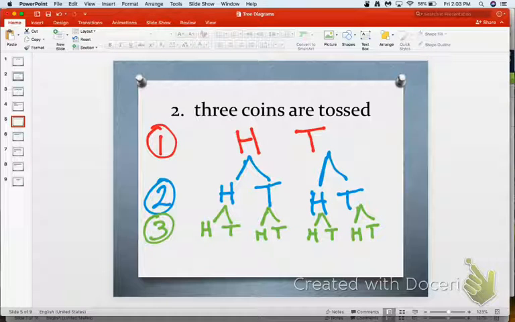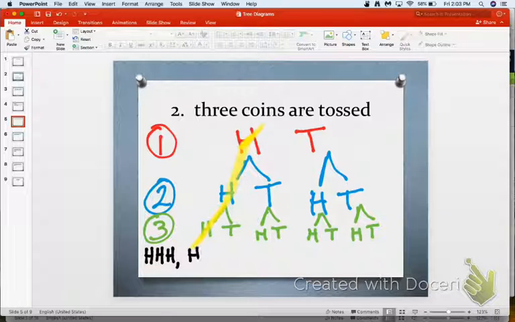So now I'm going to write out the names of each of these because I have, well, let's see how many outcomes I have. I have 1 outcome, 2, 3, 4, 5, 6, 7, 8 outcomes. I have 8 possible outcomes. So I'm going to start here and I'm going to go down the path. And I see that I get heads, heads, heads. Now if I go down this other path, I go down, head to head, head to tails.